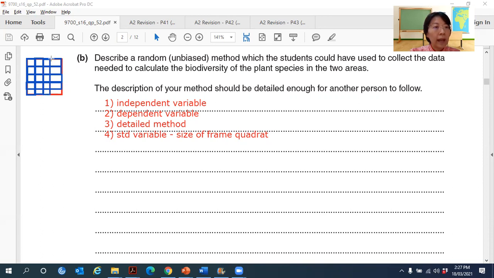And then another one is called the point quadrat. One example is you've got a piece of wood, and to this piece of wood you fix metal pins onto it.